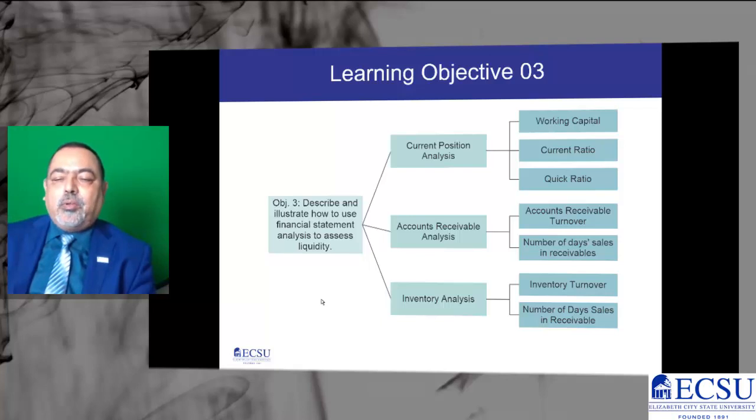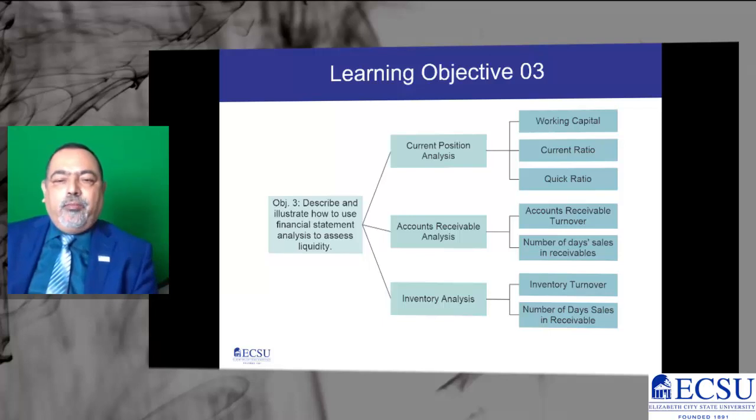So that's why it's important how fast you are able to roll over your inventory, and how fast you are able to collect the money on the inventory investment. Otherwise, you will be paying interest on the amount of money you have blocked in the inventory, and you will have liquidity problems. So these are the three areas that we are going to cover in this learning objective.